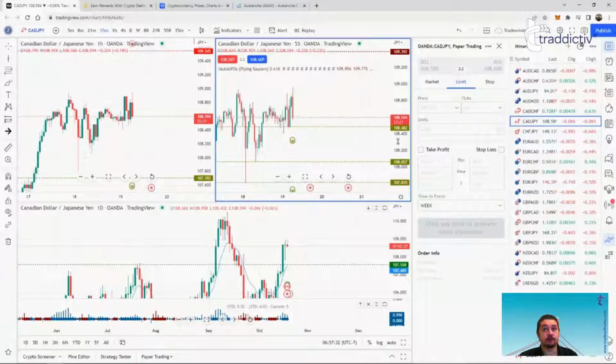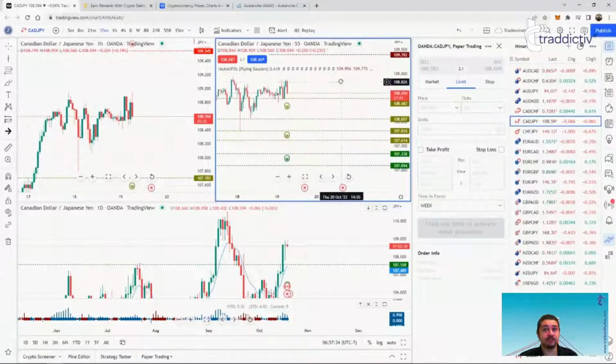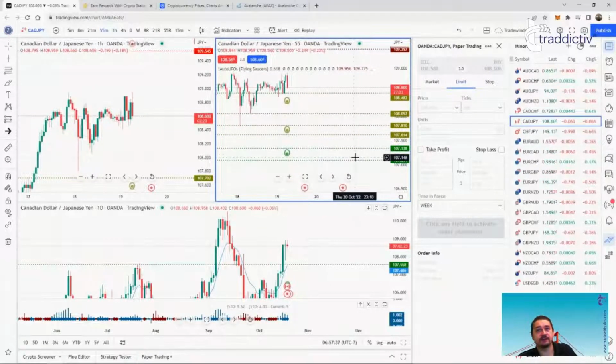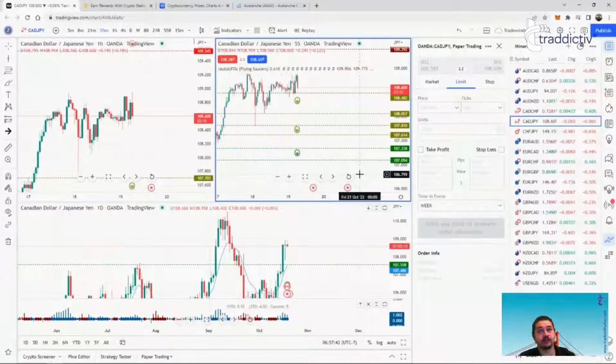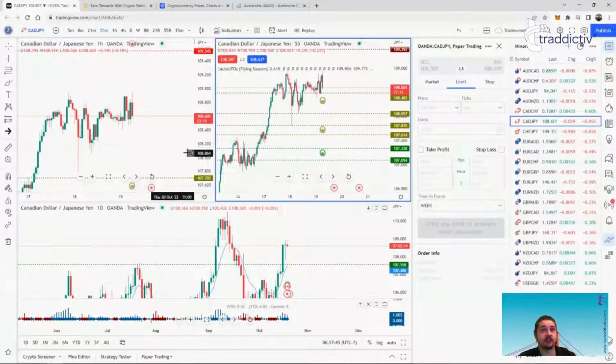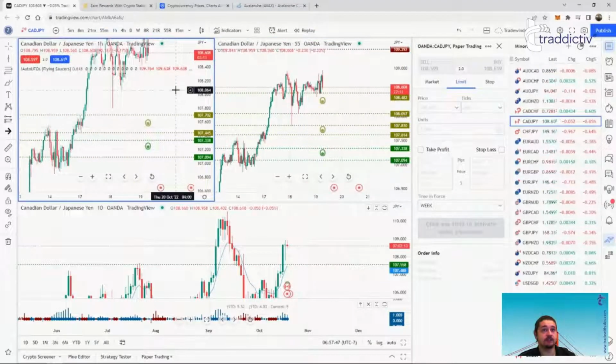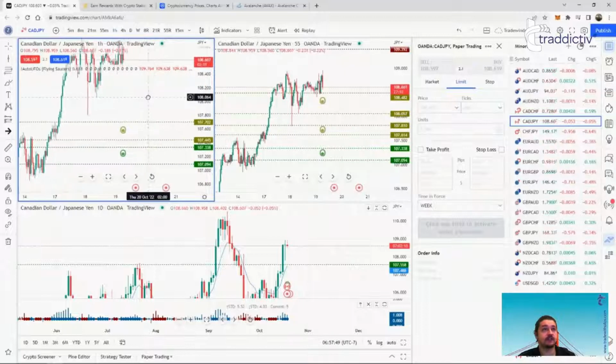I'm sorry, that's 107.4. That's why I'm like, that seems very close. So this one down here, 107.338 to 107.094 is actually where this trade would be set up. And as you see, both the hourly and the 55-minute time frames are both giving us the same UFO. So therefore, that is a decent location to put in a trade.